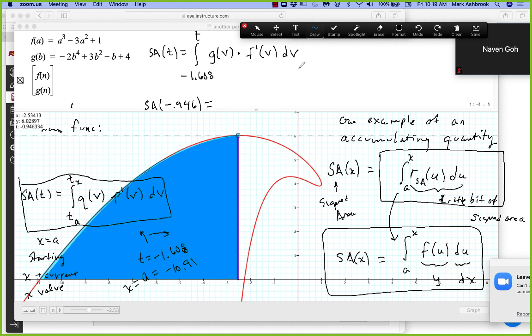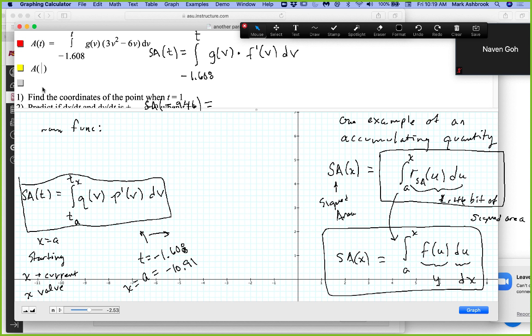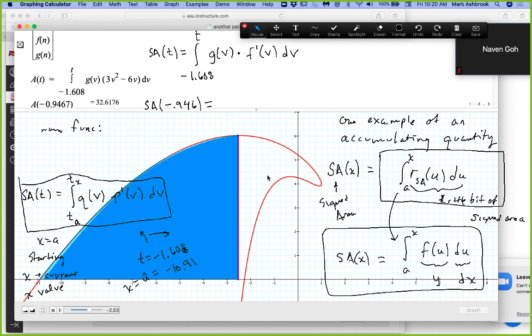We can just have the graphing calculator do that for us. That would be A of negative 0.946. So we get a positive number, and that positive number is actually the same as the area because the curve is always above the x-axis in positive y territory. Making sense so far?